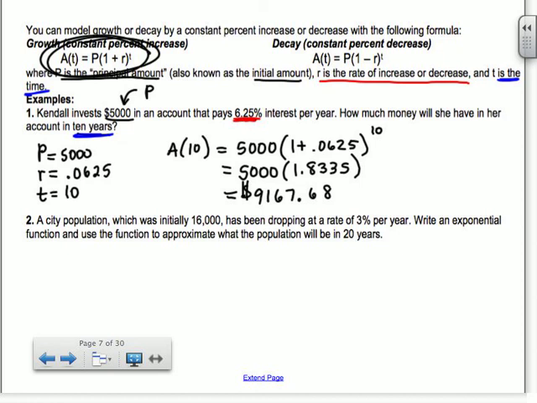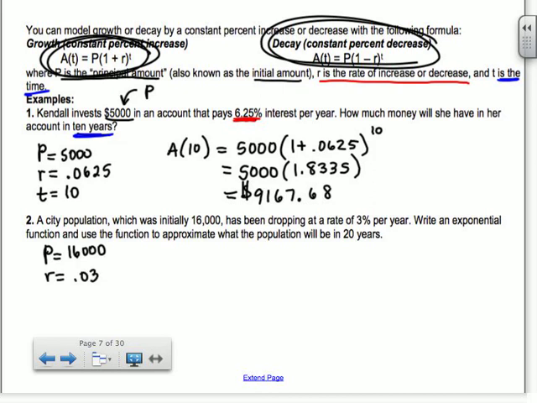Okay, a city population, which was initially 16,000, has been dropping at a rate of 3% per year. Is this growth or decay? Decay, so we're going to use the second formula. My initial amount was 16,000. I've been dropping at a rate of 3% per year, so my rate is 0.03. I'm finding after 20 years what the population will be.